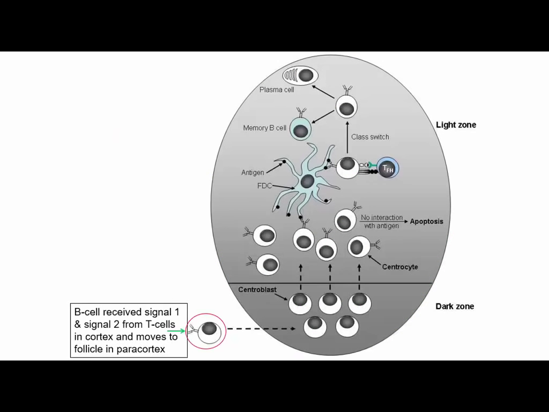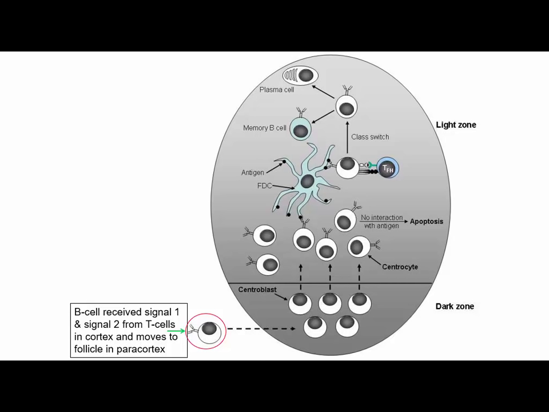Now, we have sufficient numbers of B cells, but this is where it gets a little bit complicated. We've just had a B cell recognize an antigen and become activated. That B cell has a B cell receptor that's specific to Salmonella, and it binds fairly okay to the Salmonella antigen.